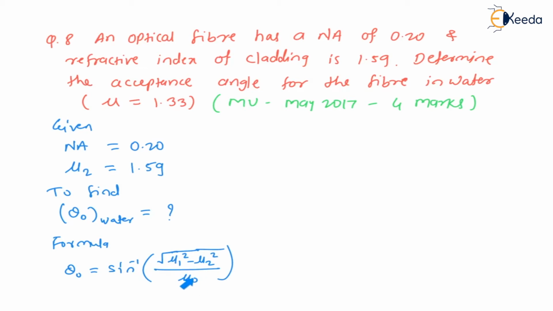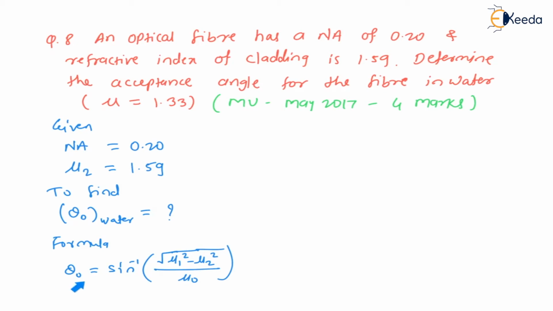Here this mu naught is nothing but the refractive index of the medium where the optical fiber is kept. So here the optical fiber is kept in water, so the value of mu naught will be 1.33. Now we will find the value of acceptance angle.